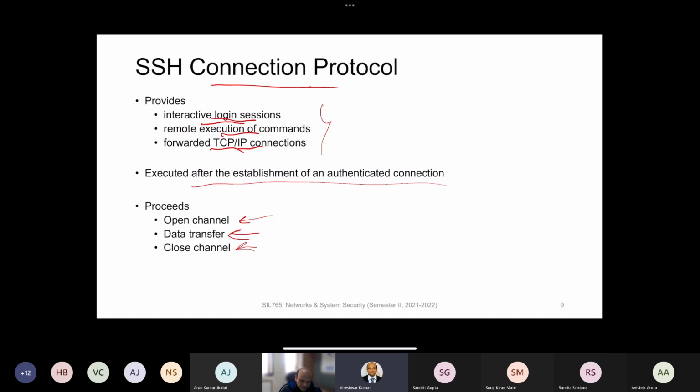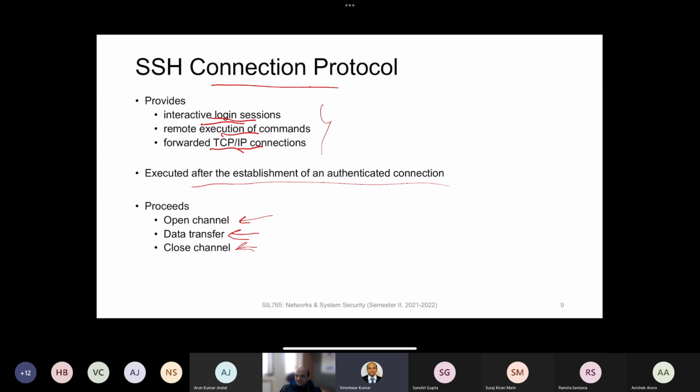Once the communication has ended, you will close the connection. So this is a wrapper type of protocol, which wraps around the original SSH transport layer protocol to establish these parallel or different multiplexed login sessions.